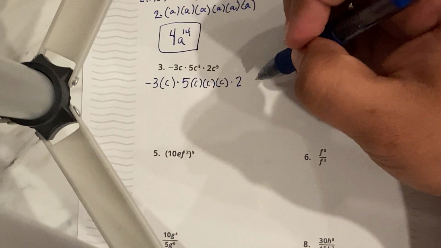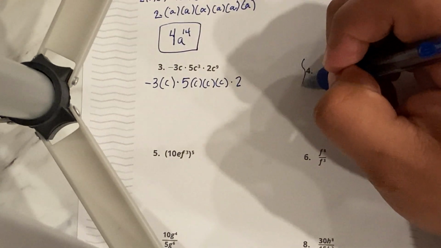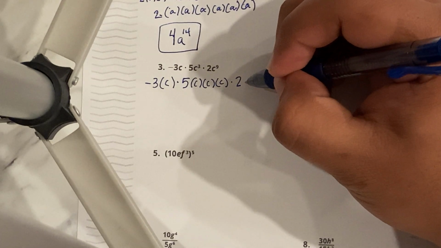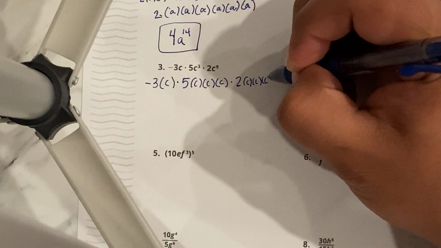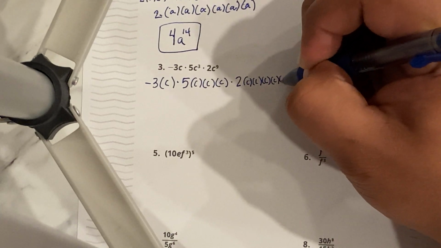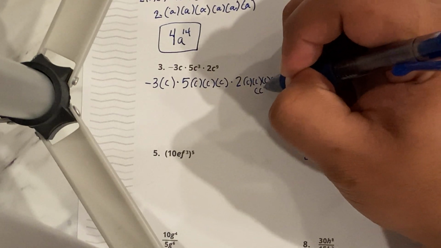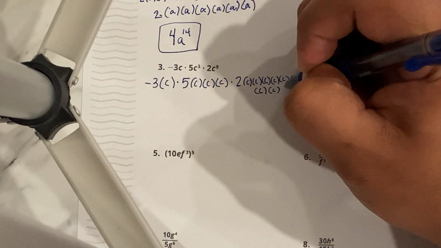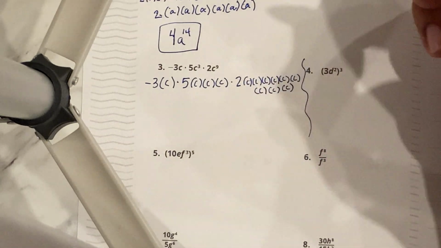Now, I don't know if I should really write all these C's, but you know what? I'll do it for fun. YOLO. So C times C, that's 2, 3, 4, 5, 6, oh my God, 7, 8, 9. Okay, I did it. Put a little group right here.